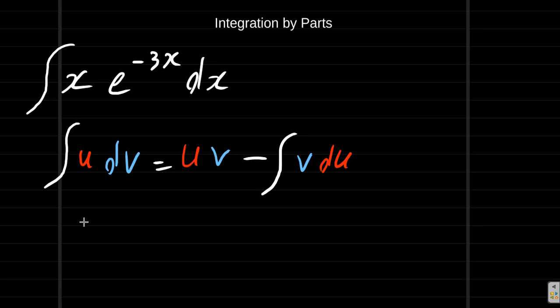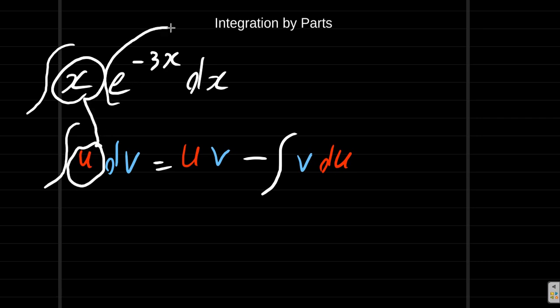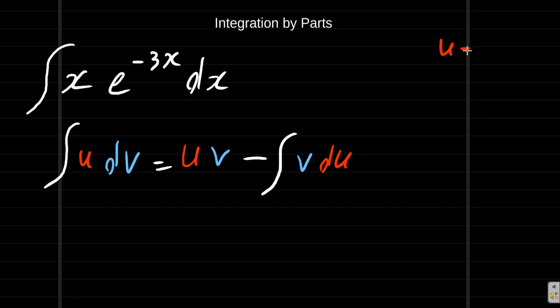Now, what are you going to use to represent u, and what will you use to represent dv? Well, the suitable thing is to make x being u and e to the negative 3x being dv. Alright? Let's write them down here. u is equal to x and dv is equal to e to the negative 3x.